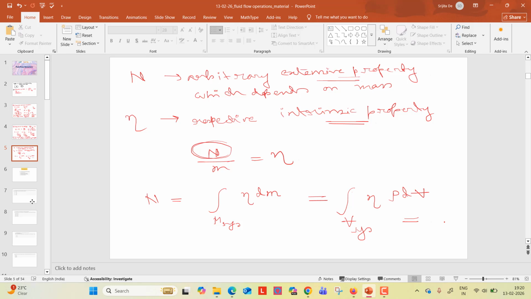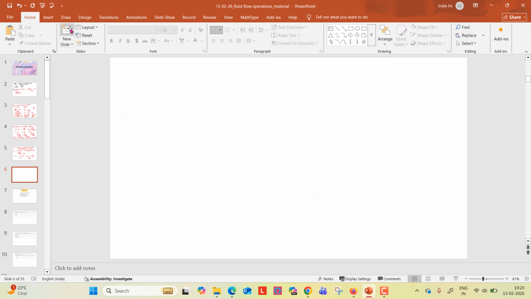Now if we consider conservation of mass, M is our extensive property, right? And how can we represent M?